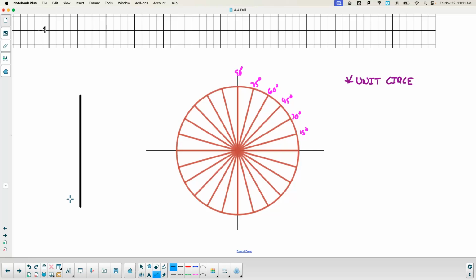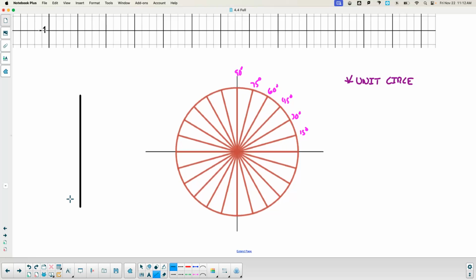Okay, so now you've got one of two options. You could take your piece of spaghetti and measure this distance, and break off that little chunk of spaghetti.